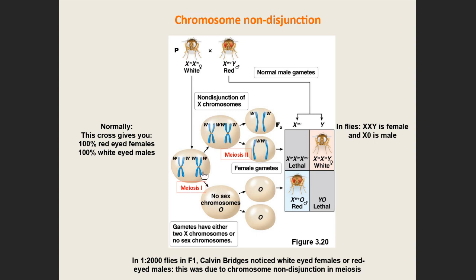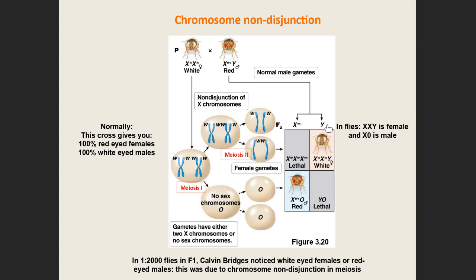So a non-disjunction in meiosis 1 gives you 2 resulting gametes without a chromosome that are aneuploid -1 and 2 gametes that have a supernumerary chromosome, an aneuploid +1.